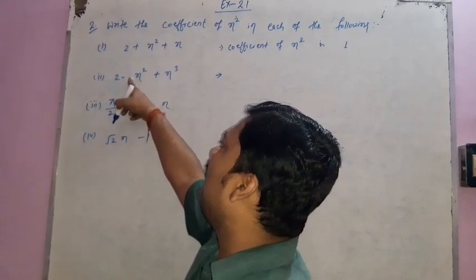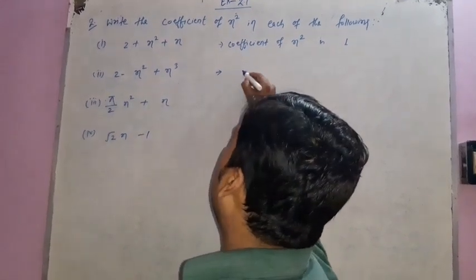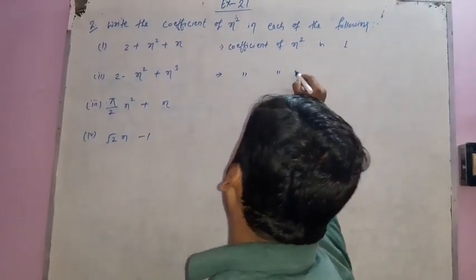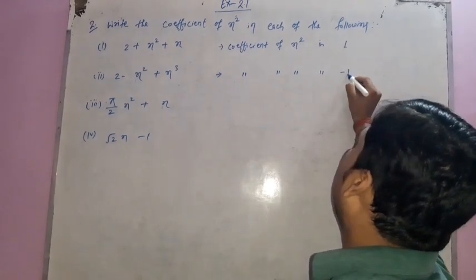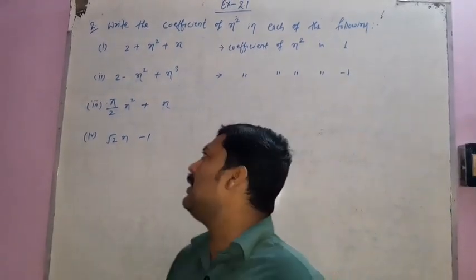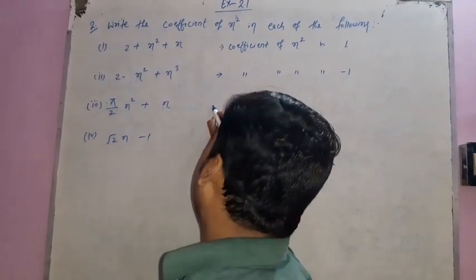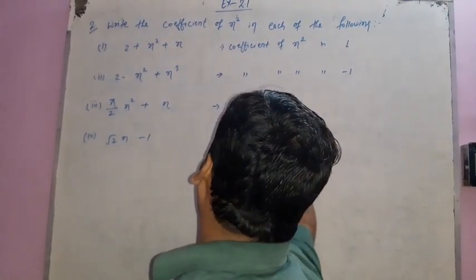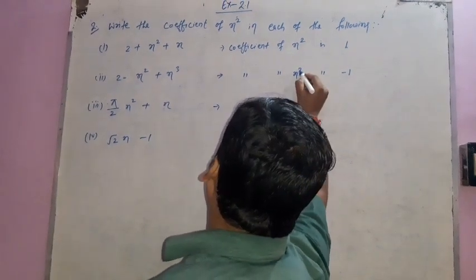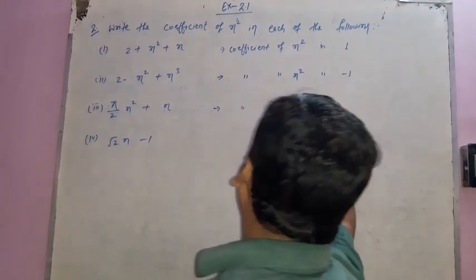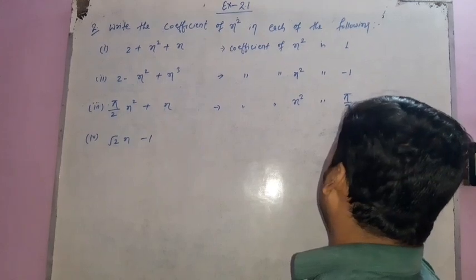Now second, what is the coefficient of x square? Here it is 1, but it is minus. So we can write here coefficient of x square is minus 1. In the third one, what number is present before x square? Pi by 2. So we can say that coefficient of x square is pi by 2.